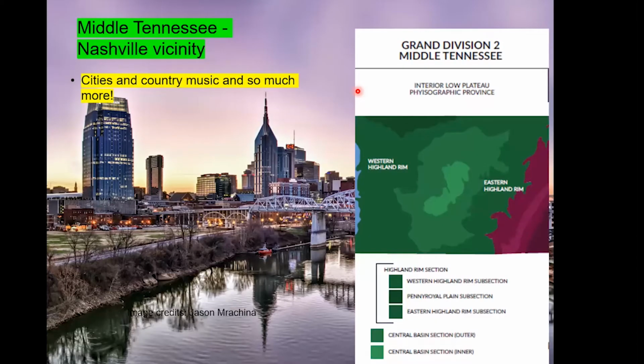Now let's move over to Division 2, and basically we're now in the middle of the Tennessee, Nashville vicinity. We know that Nashville is known for country music and all the other musics now, not just country, but different things. I lived there for quite a bit of time, and so I got to see some of these areas.